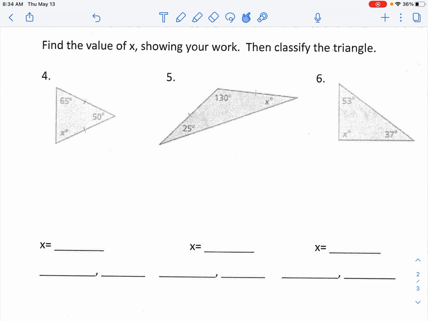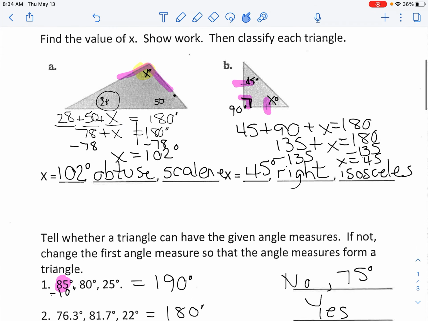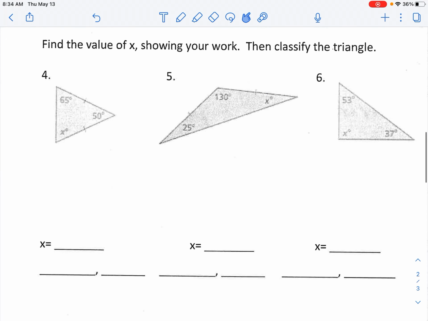Find the value of x, showing your work, then classify the triangle. So this is just like what we did right here for letters A and B. So anytime you're finding the value of x, you're going to write an equation. So we know the total number of degrees is 180. So that's always going to go on the right side. So I'm going to say 65 plus 50 plus x equals 180.